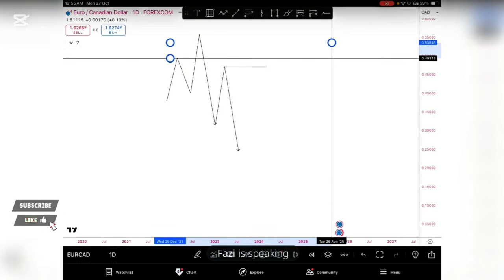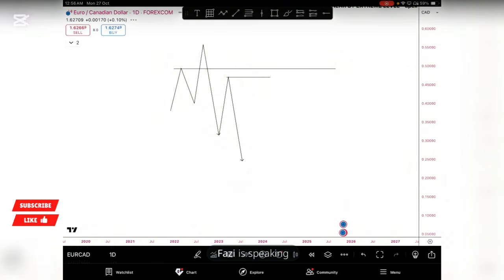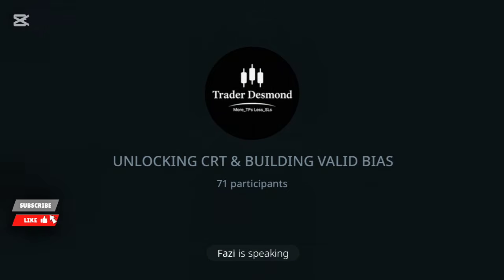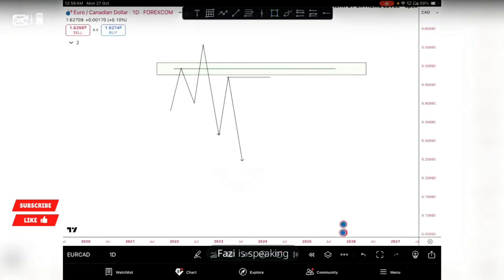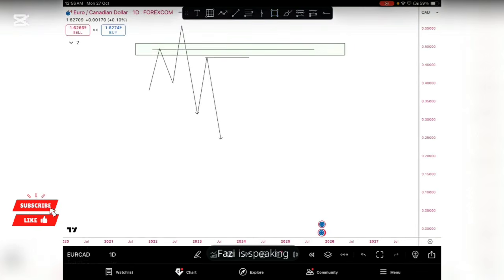Understand? You need to wait for the price to come to this QM level. So when the price comes to this level, how do we take entries? Whenever the price comes to our key levels, how do we take entries?